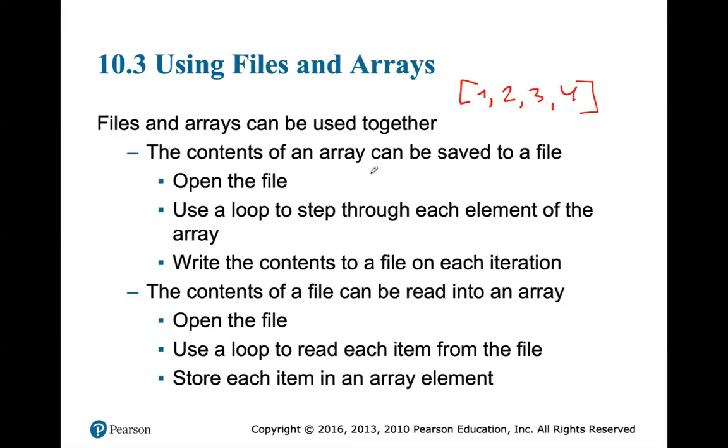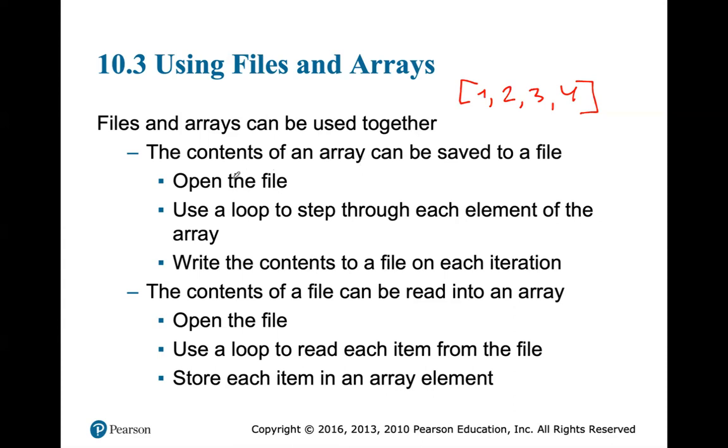So this is an array, and we can either take contents from our array and upload it to the file, or we can read the contents of a file into an array. So to read the contents of your file into an array, you will have to open the file. Then you will have to use some sort of loop to take all of the items that exist in that file and put it into an array.